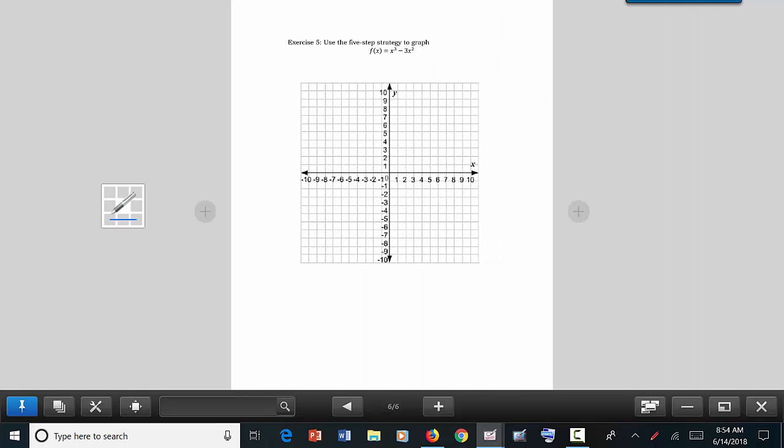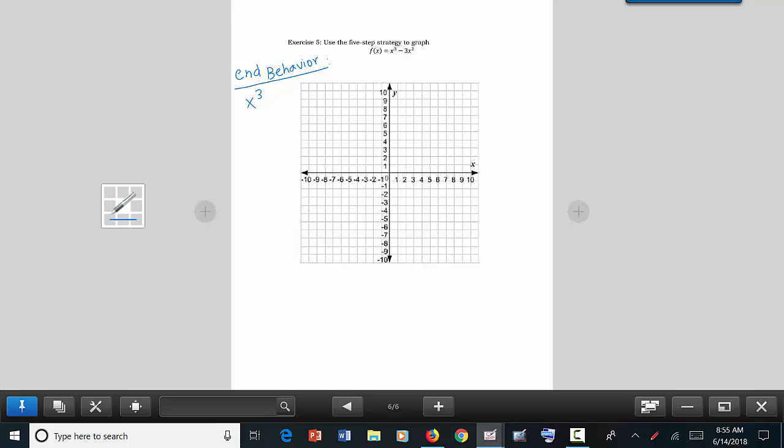Now let's do exercise number 5, which summarizes everything we learned in this section. First, we find the end behavior. What is the leading term? Leading term is x cube.